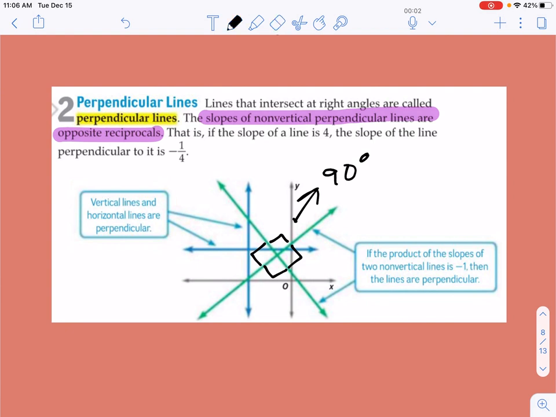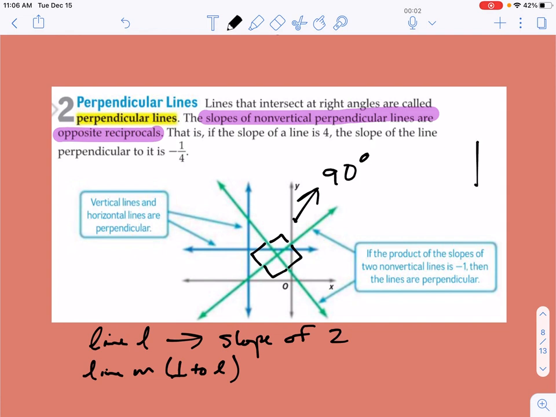What that means is, supposing I have line L, and we say that line L has a slope of 2. If I have line M, and we say that it's perpendicular to L, the perpendicular sign is that little line going down like that.